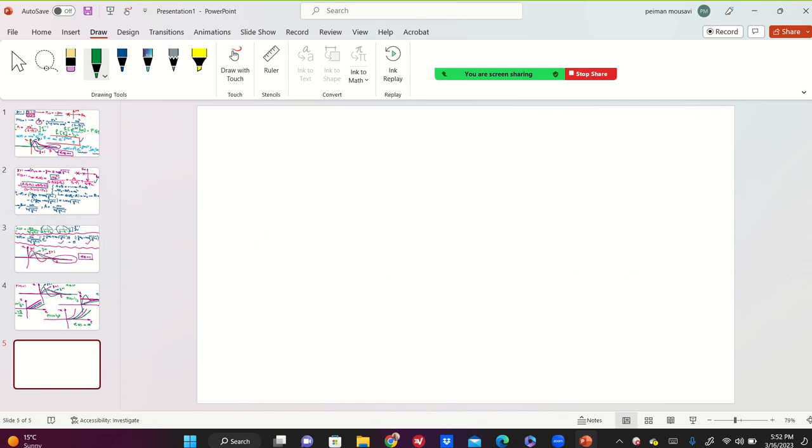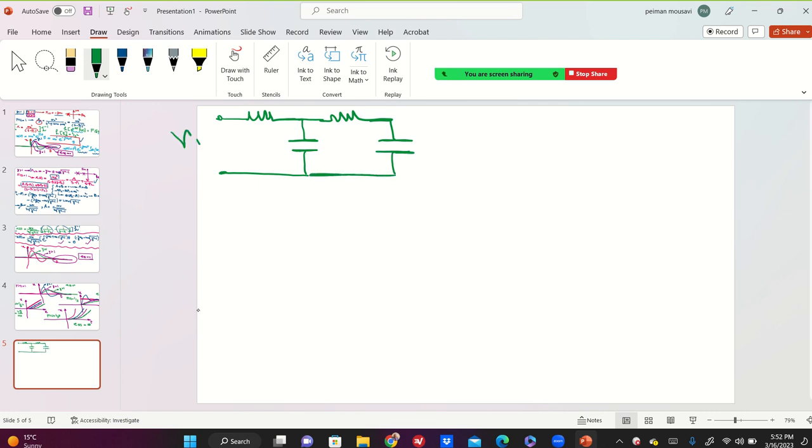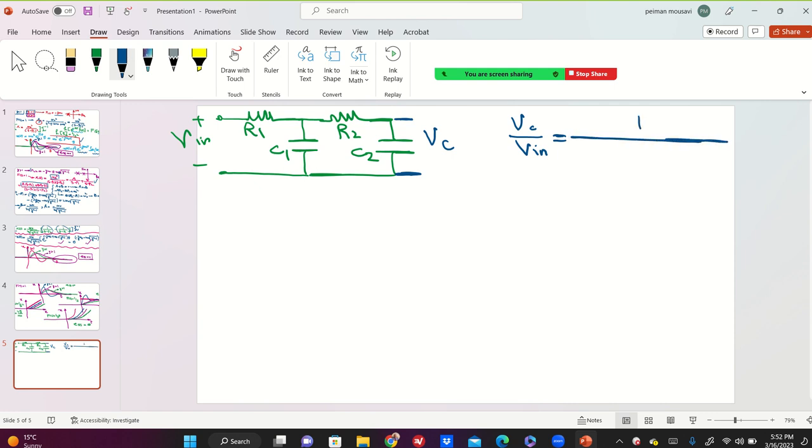But I'm going to teach in ME430 that if you have such a circuit, Vn plus minus R1, C1, R2, C2, if I want to find the closed-loop transfer function of Vc over Vn, I bet it's going to be a third order system, like s cubed plus s squared plus 2s plus 10. Bingo.